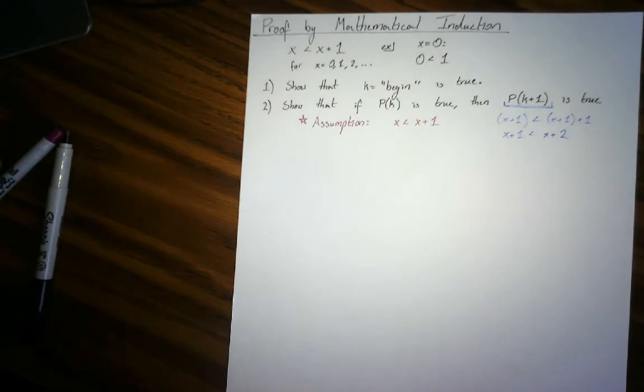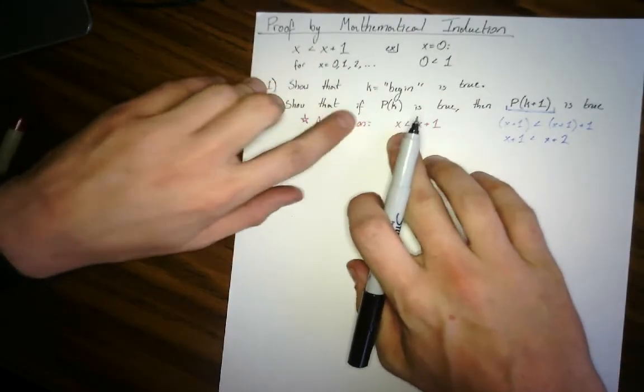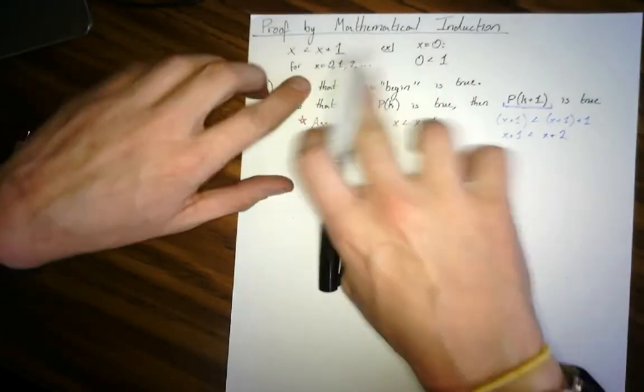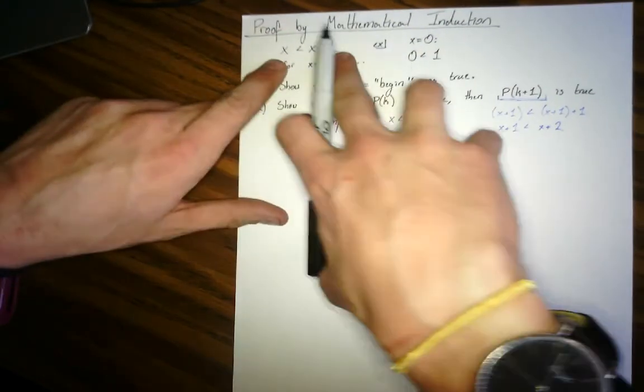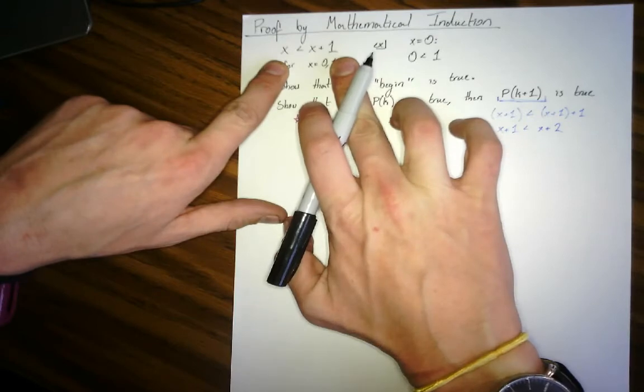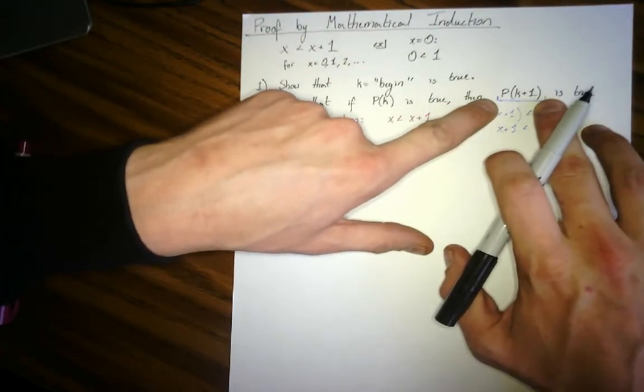I've got 2 more for y'all. I'll see how long this takes, maybe 10 minutes for each proof. But I really want you to know that the heart of this is showing that the beginning one is true, that 0 is less than 1, so that's true. If we can assume that this part is true, then we can test it with the value after it.